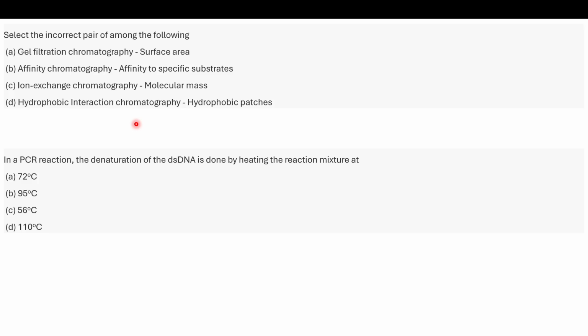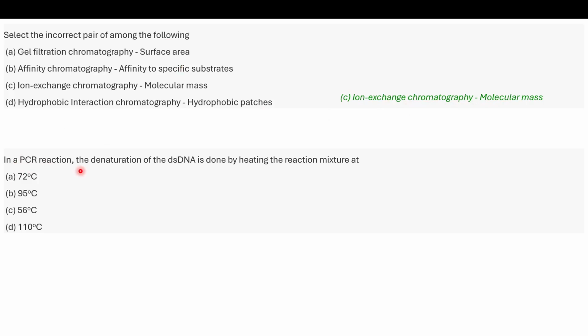And also, when we talk about anion exchange chromatography, the matrix used is an anion exchanger, or it is positively charged. So this way, sometimes the questions can be asked. So the answer will be, in this case, ion exchange chromatography, molecular mass.